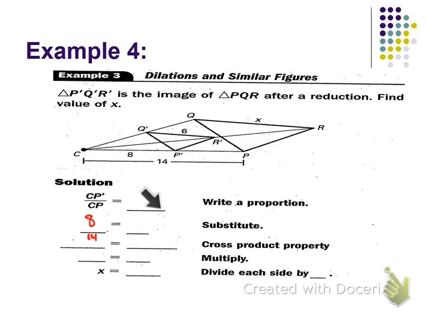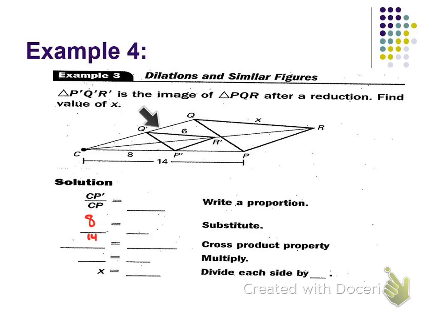So here, they're wanting us to fill in the rest of that proportion from our scale factor box. So they're wanting us to compare a new side to an old side. This is not something that I would usually have you write out when we are doing this on an example. I'd usually have you go straight to the second step.